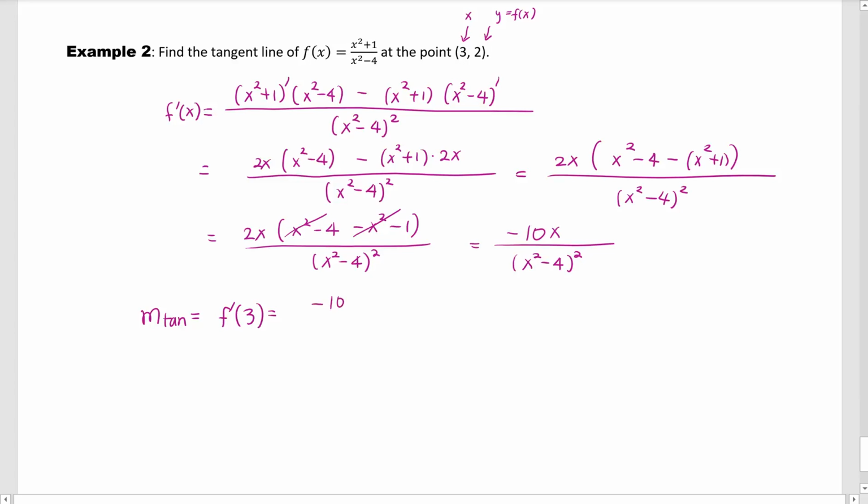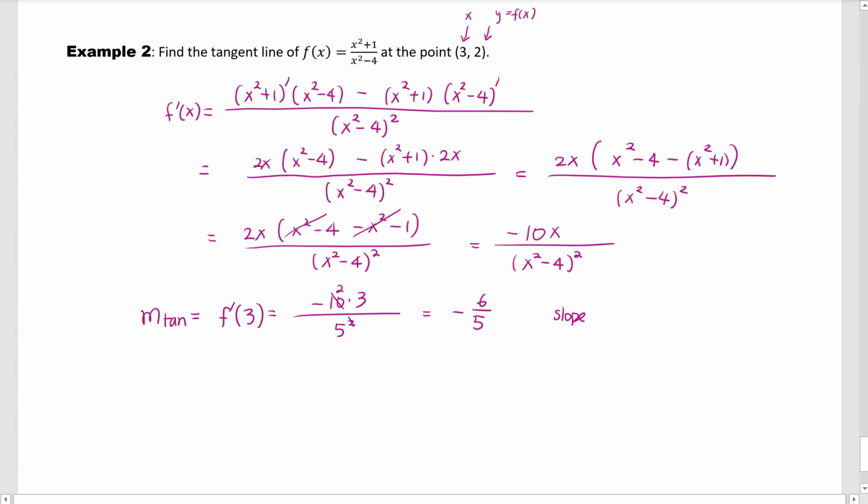So minus 10 times 3. Well, 3 squared, 9 minus 4, 5, right? 5 squared downstairs. Oh, you can see the squares cancel, we get 2 left. We have −6 over 5. That is our slope of the tangent line, right?